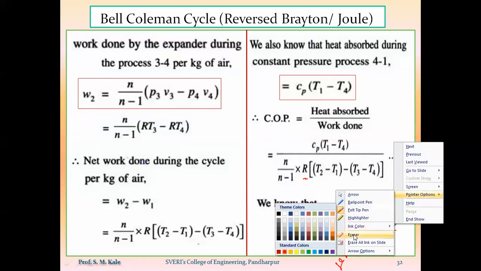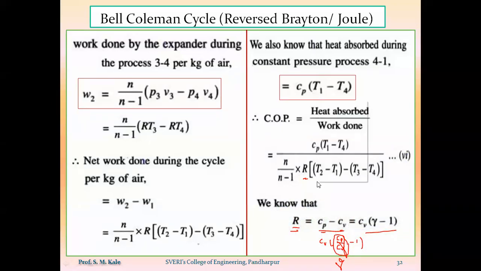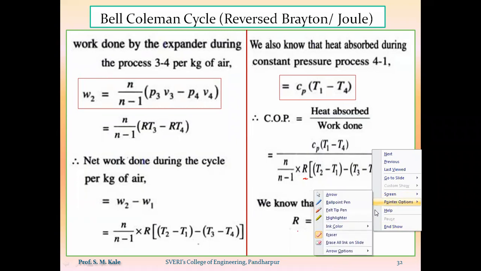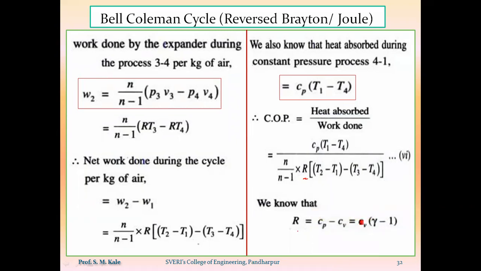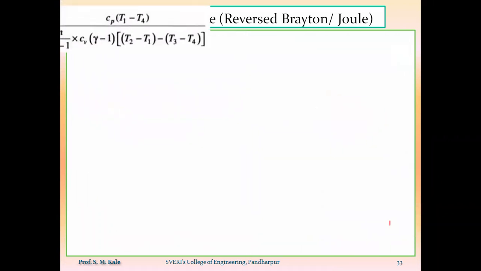Are you getting it? So in this equation, instead of R, I will put the value Cv into gamma minus 1 in equation number 6.